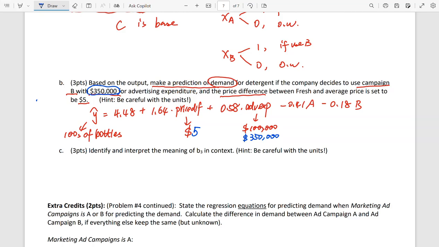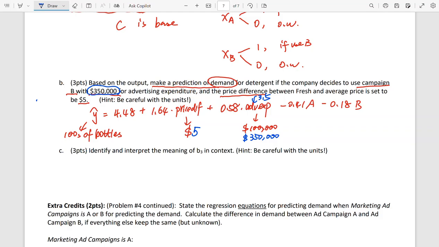So what do we want to plug in? Remember, it has the unit of $100,000. Now you have $350,000, then how many units do we have? 3.5, right? So we just plug in 3.5.